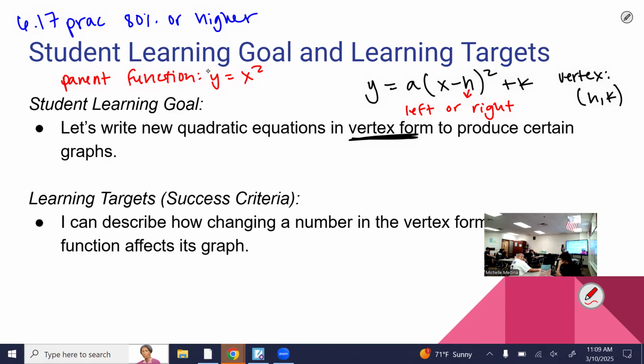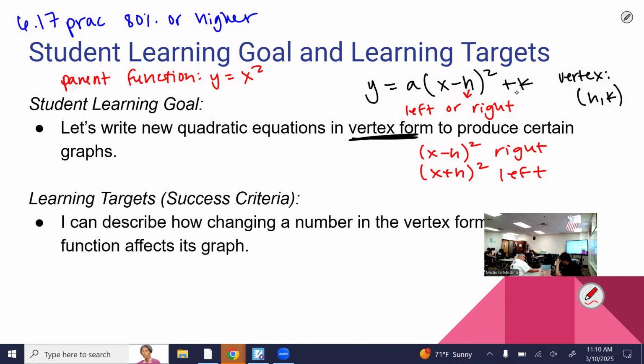But for H, here's how I can simplify it. If it looks like this, then it shifted to the right. If it looks like this, then it shifted to the left. I don't like getting into like if H is negative, it shifts this way. If H is positive, it shifts that way. Because H always looks different in the equation. So if I was memorizing things, I would memorize this.